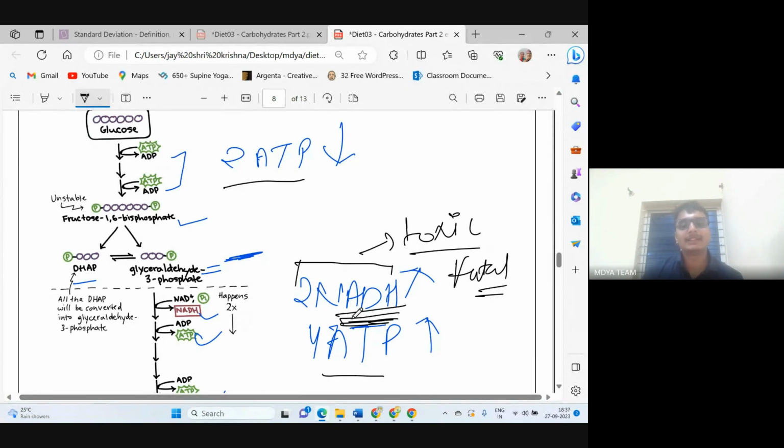So in the next step, there is no production of energy. There is just utilization of these 2 NADH without oxygen. So the next step is known as lactic acid production or fermentation.